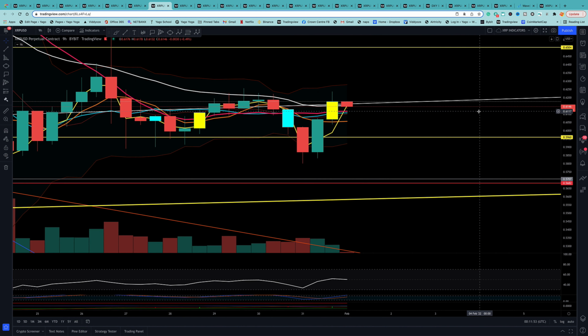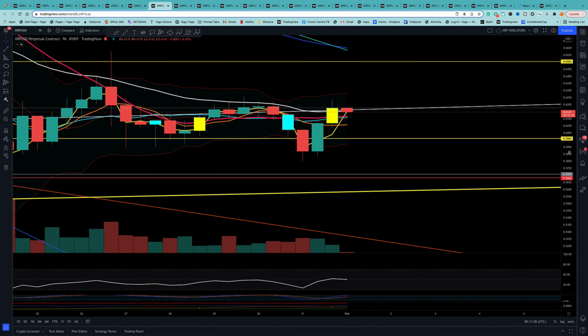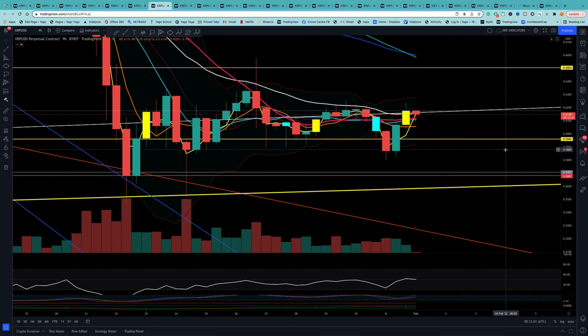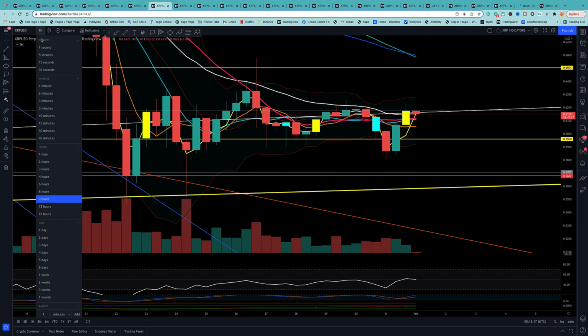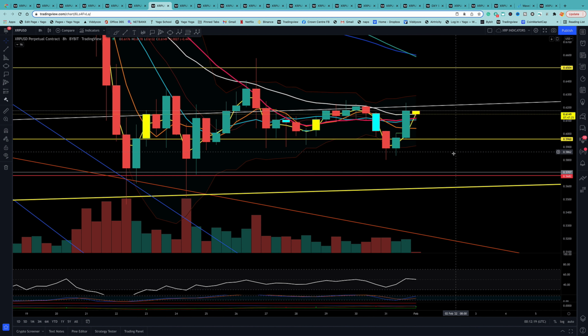Here's the 9 hour, and again it's hitting the resistance on the way down. Remember we talked about the foot. There's the heel, here's the arch, here's the ball, the toe. But look at the Bollinger Bands getting tight there. On the 9 hour they're getting tight, it's setting up for a breakout.